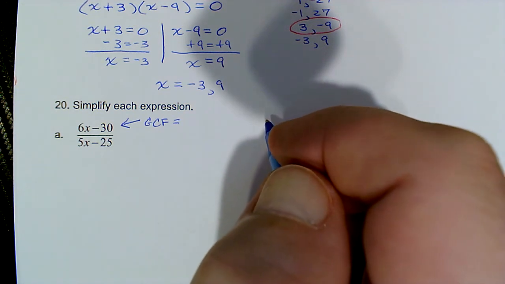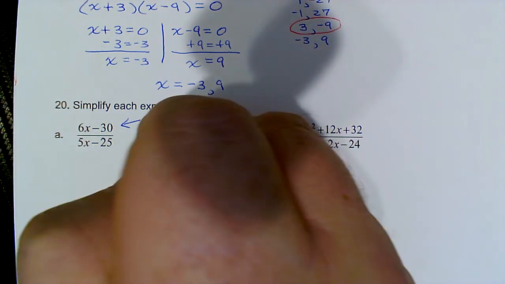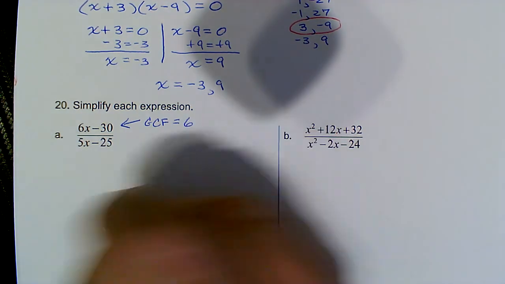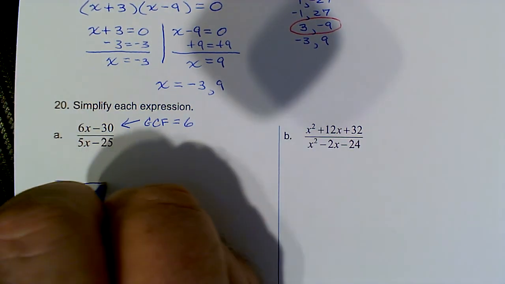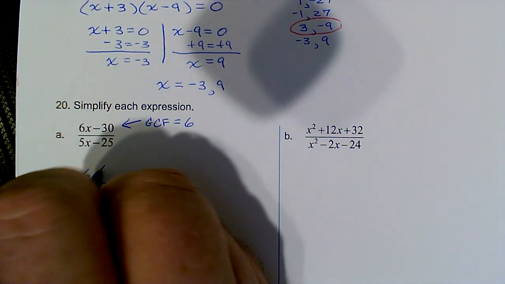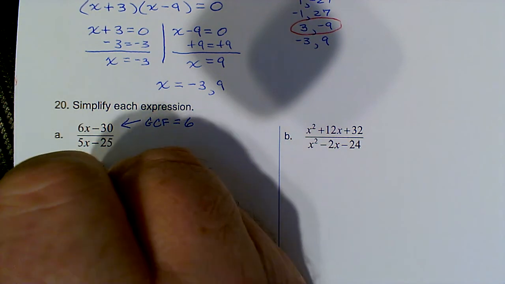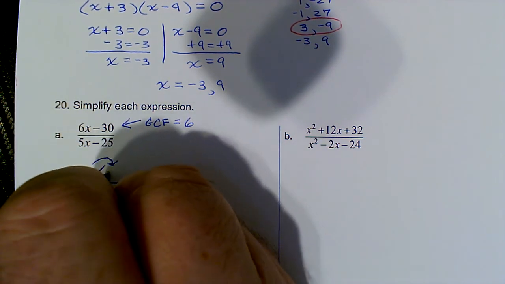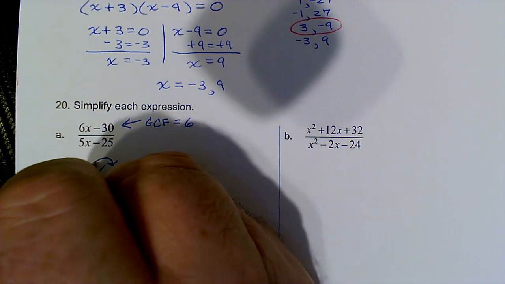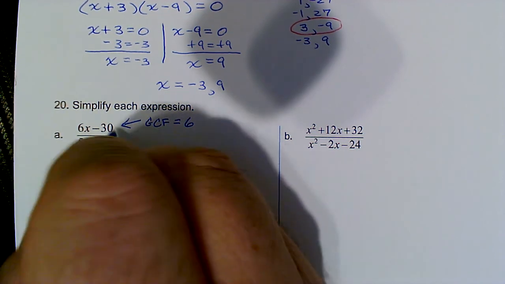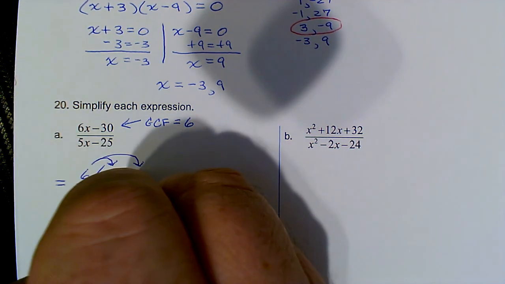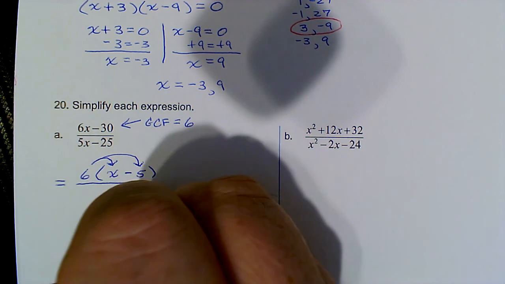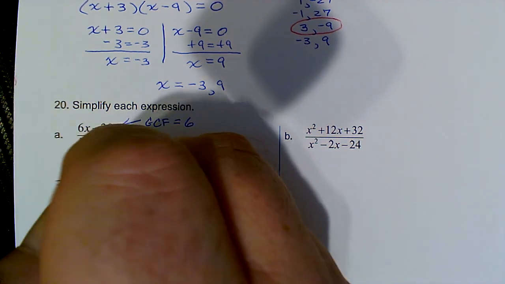And in the numerator between 6 and 30, 6 is common. So if I factor out the 6, again I'm going to use the method of reversing the distributive property. 6 times what gives 6x? That would be an x. And then 6 times what gives negative 30? We'd need negative 5.